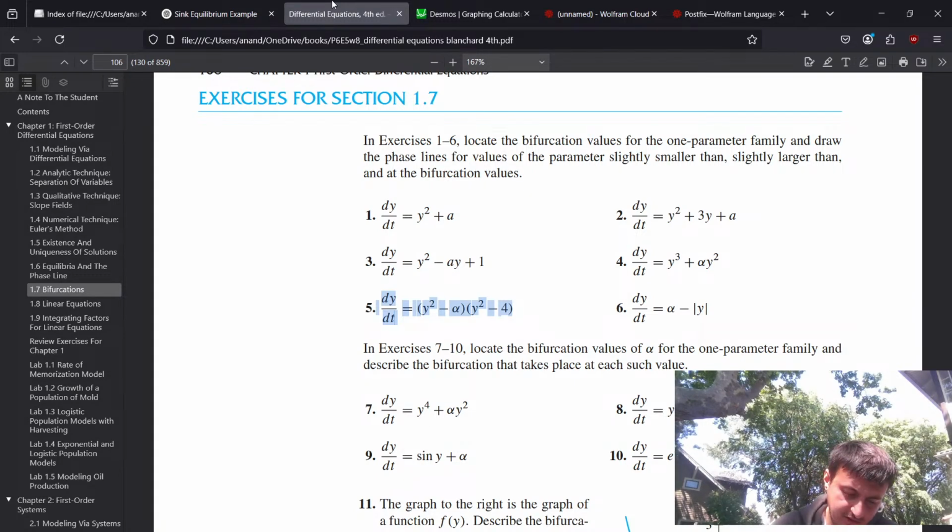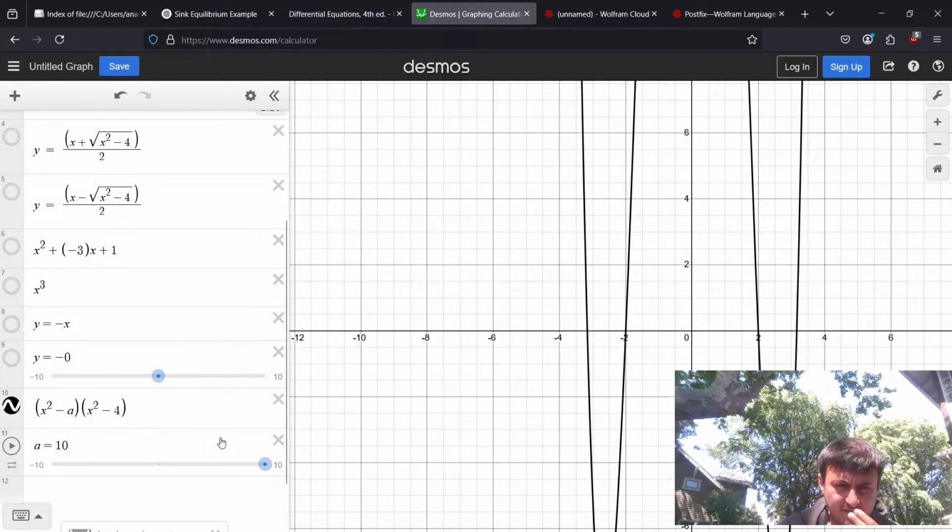Okay, so let's just start off with a is equal to minus 1. So we're going to go over here. We're going to make a minus 1.